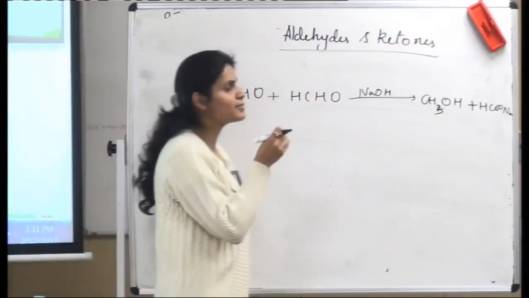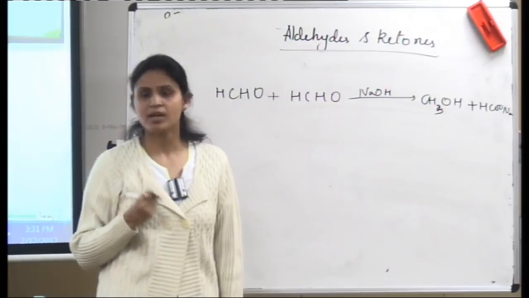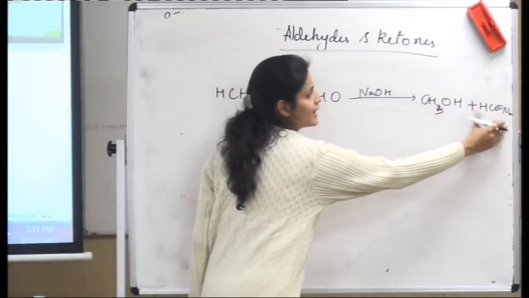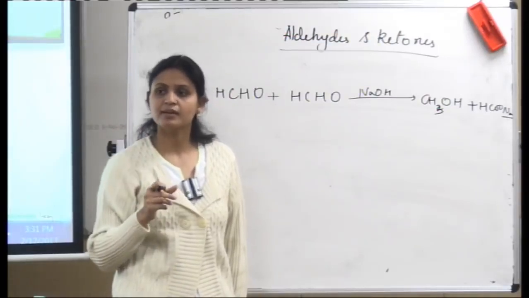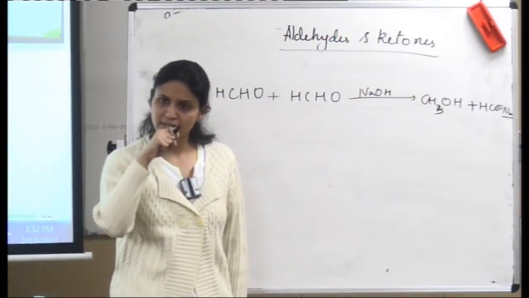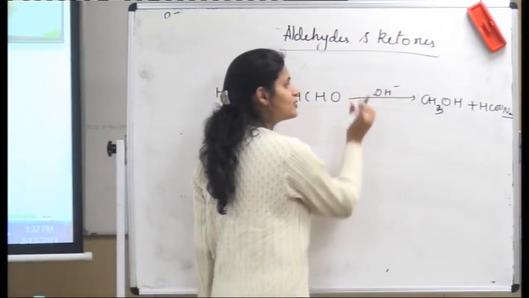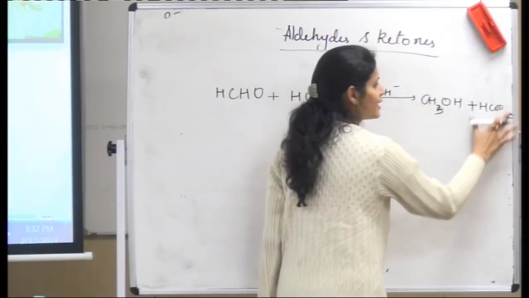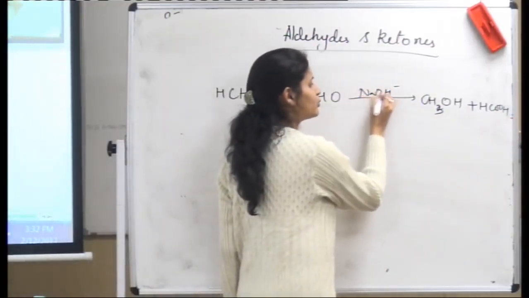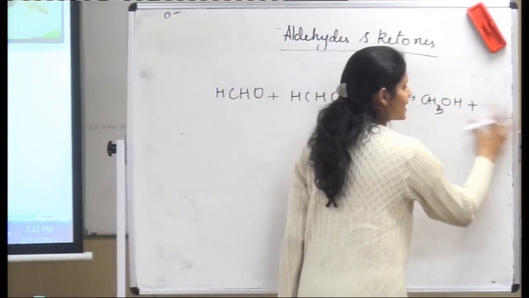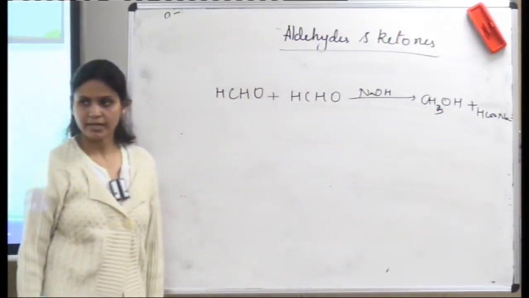Whenever I replace a proton with Na, that means I am precipitating it out as a solid. If I simply write OH minus, I'll assume I am using NaOH. So you should better write HCOONa, right?